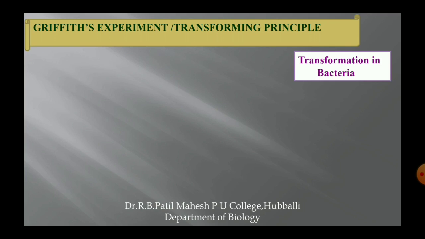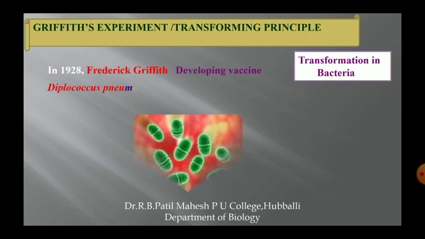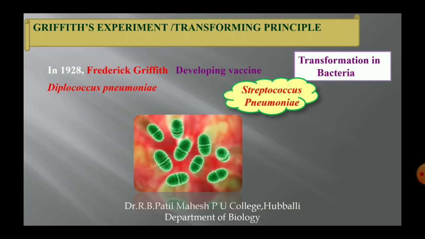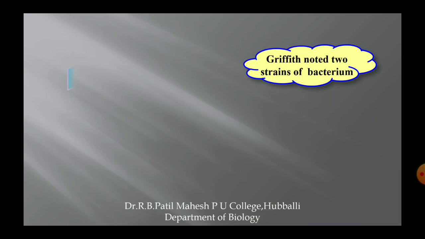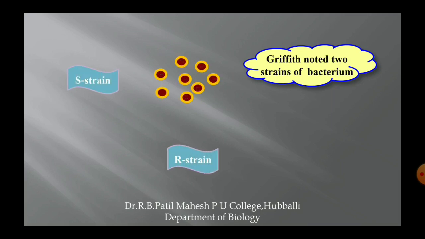During his experiments, he was able to find out the 2 strains of Streptococcus pneumoniae. One is the S strain, and the second one is the R strain. Smooth strain and rough strain.